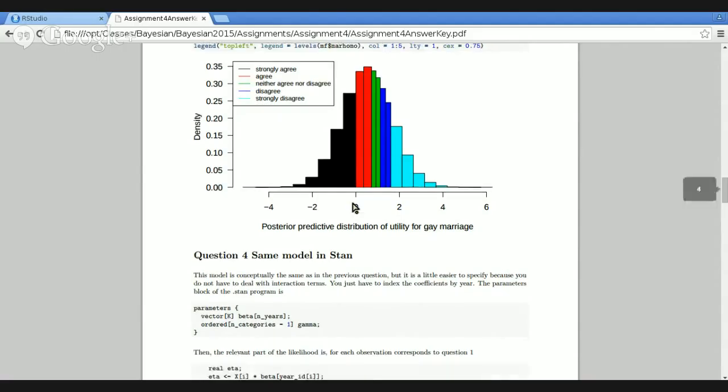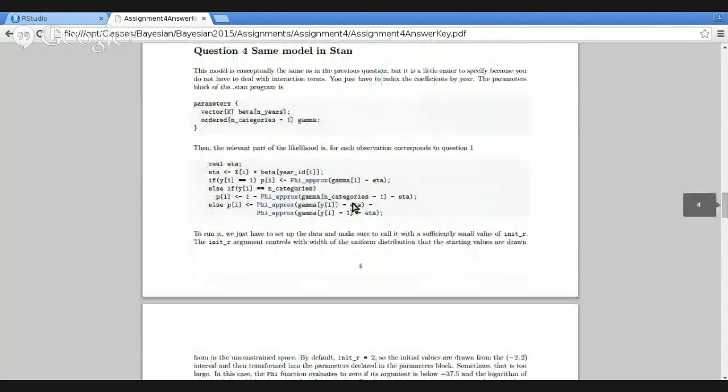Okay. So turning to do the same model in Stan, or at least the same likelihood in Stan. In a manner of speaking, it can be done more easily by indexing the coefficients by time rather than multiplying to create a whole bunch of interaction terms and just multiplying that sparse design matrix by a big vector of coefficients.